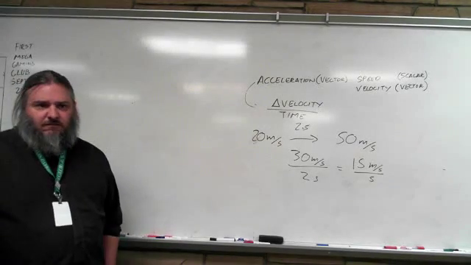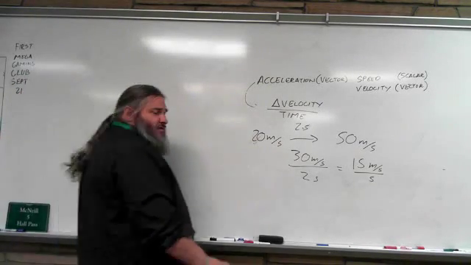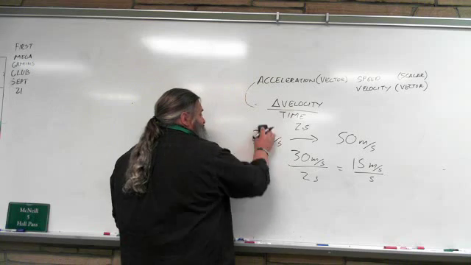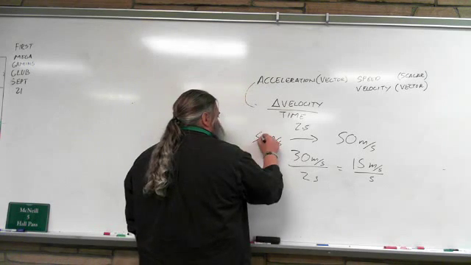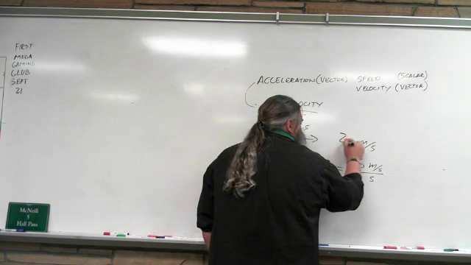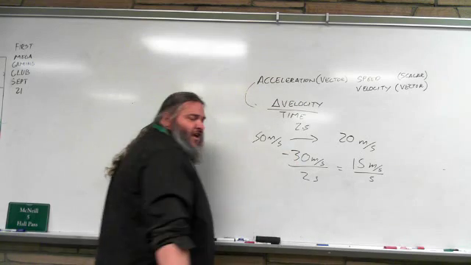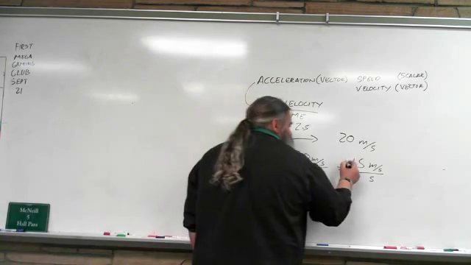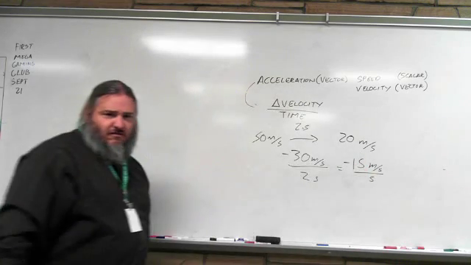Cool? Yes? Pretty straightforward? I can go the other way. So now it's 50 meters per second to 20 meters per second. The change is negative 30, and its acceleration is negative 15. Cool?